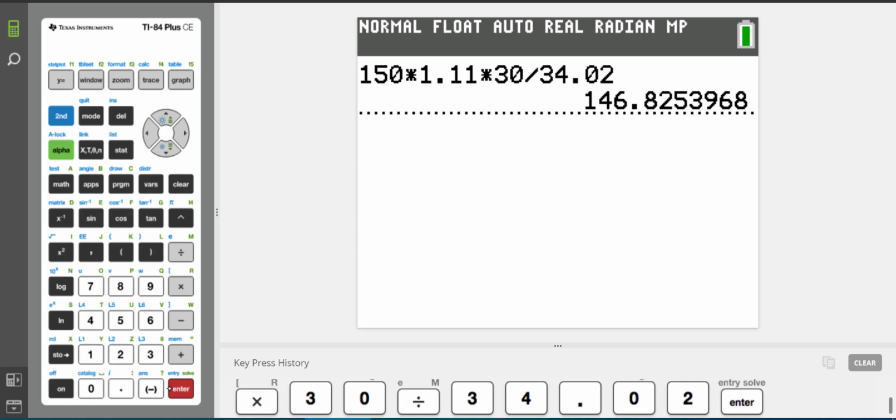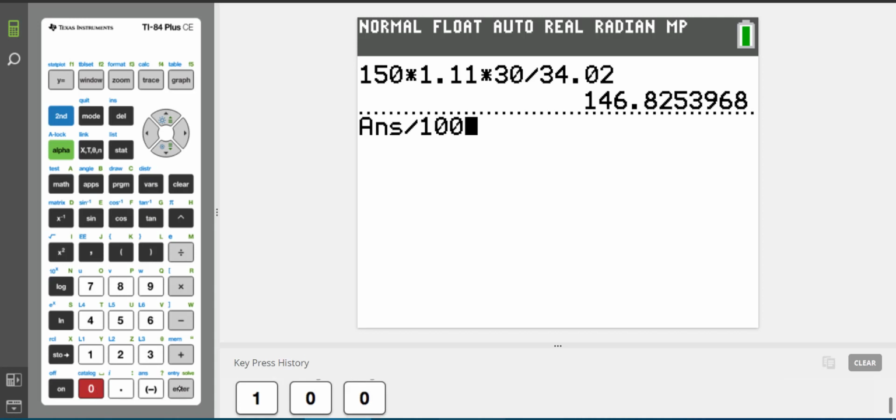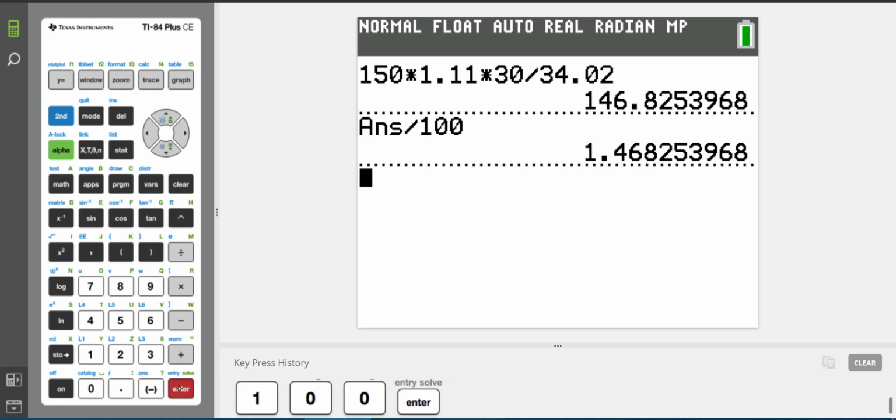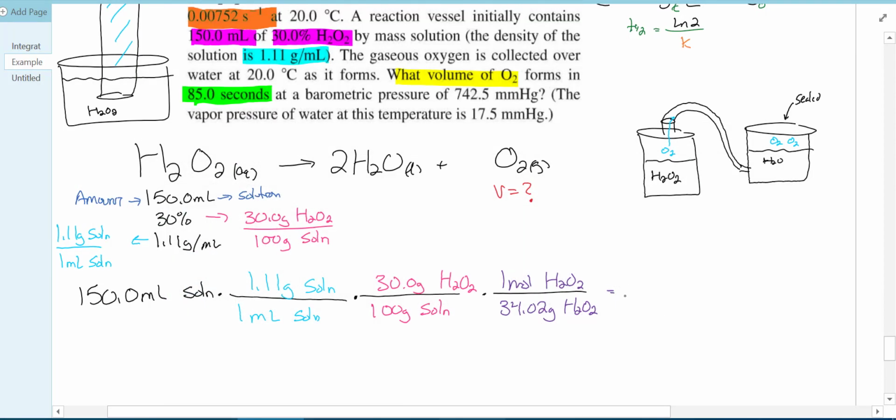I didn't divide by 100 for the mass in the solution. There we go, 1.47 moles of H2O2. I want to point something out about what I just did.